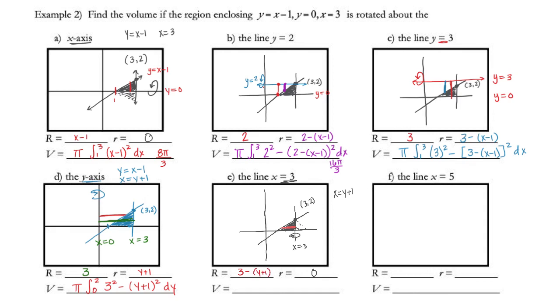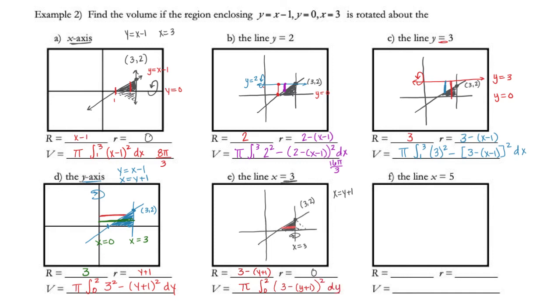And again, we don't have a little r, so we're ready for our volume. It's going to be pi times, and our limits are going to go with the y-axis because we're revolving parallel to the y. So that's going to be from 0 to 2. And our big R squared is going to be 3 minus y plus 1 all squared dy.